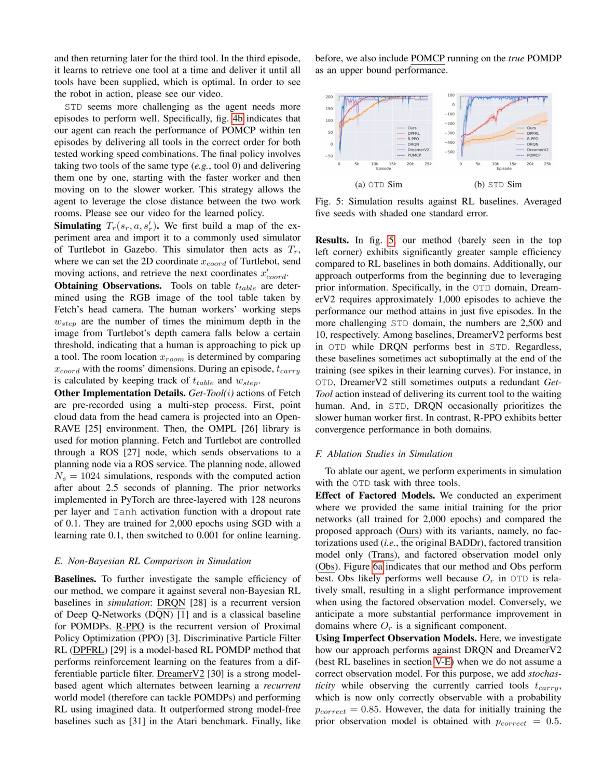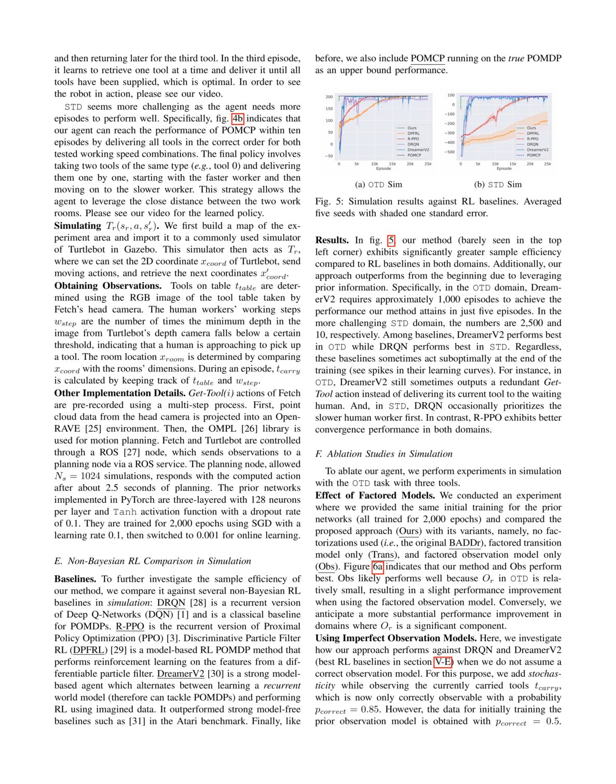Regardless, these baselines sometimes act suboptimally at the end of the training, see spikes in their learning curves. For instance, in OTD, Dreamer v2 still sometimes outputs a redundant get tool action instead of delivering its current tool to the waiting human. And in STD, DRQN occasionally prioritizes the slower human worker first. In contrast, RPPO exhibits better convergence performance in both domains.